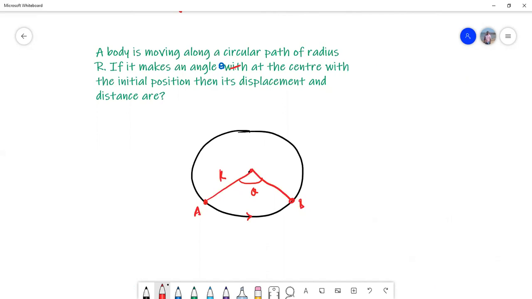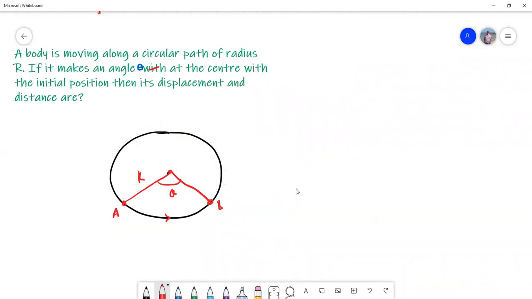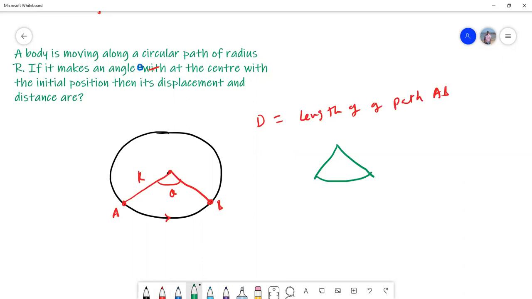It's very clear. The length of the actual path is nothing but distance. So distance is equal to the length of the path AB. Now I can imagine this as a sector. AB is a sector.